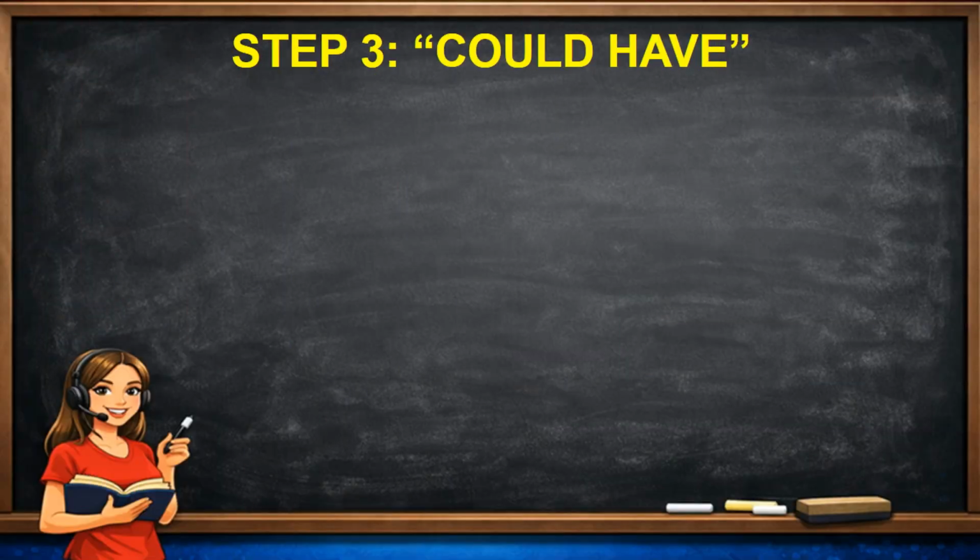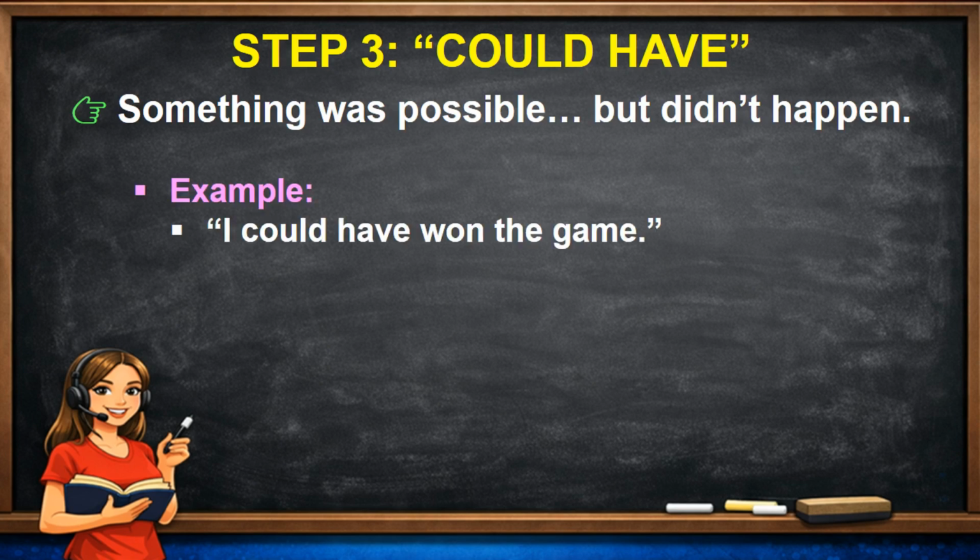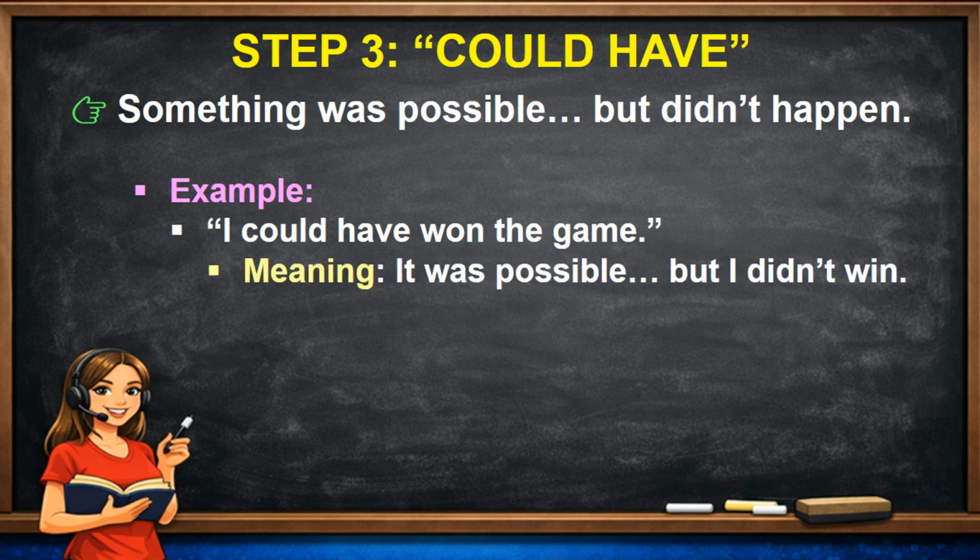All right, now let's continue to step 3. Could have, or possibility in the past. Use could have when something was possible but didn't happen. Example, I could have won the game. This sentence means, it was possible, but I didn't win.